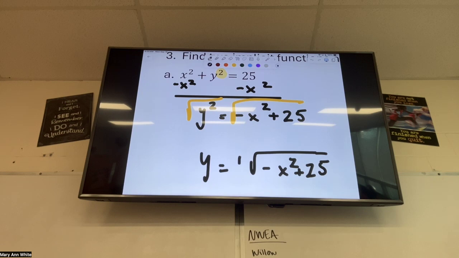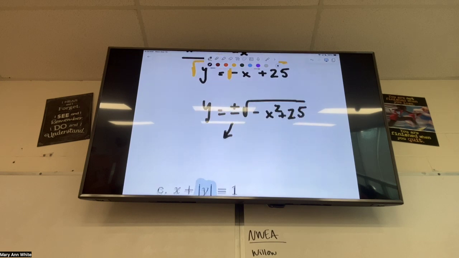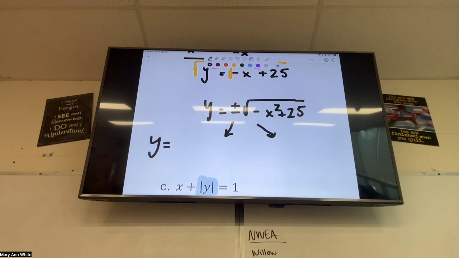Plus or minus. That is implying that I have 2 functions. And you can leave it as just the plus or minus, but I like to write the 2 separate functions so I know what's going on. That implies that I've got one function that's y equals the positive square root of negative x squared plus 25. And I've got another function where y equals the negative square root of negative x squared plus 25.